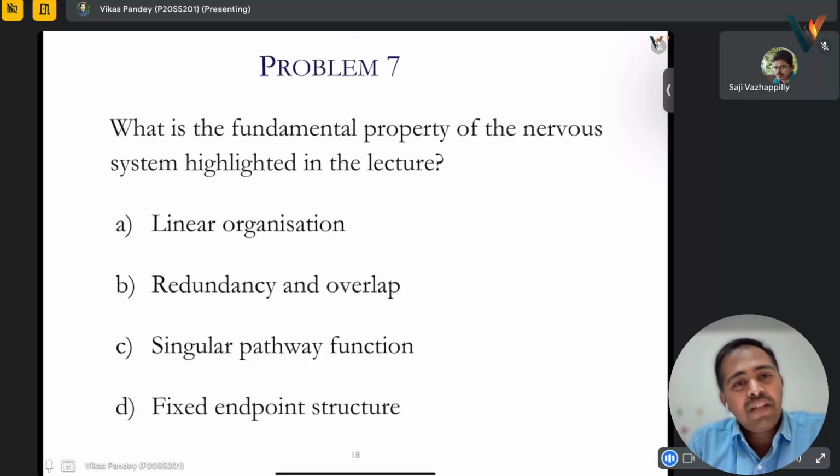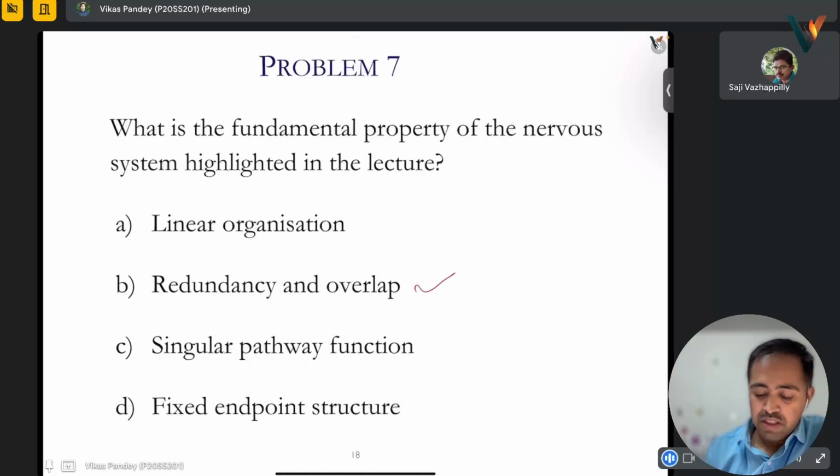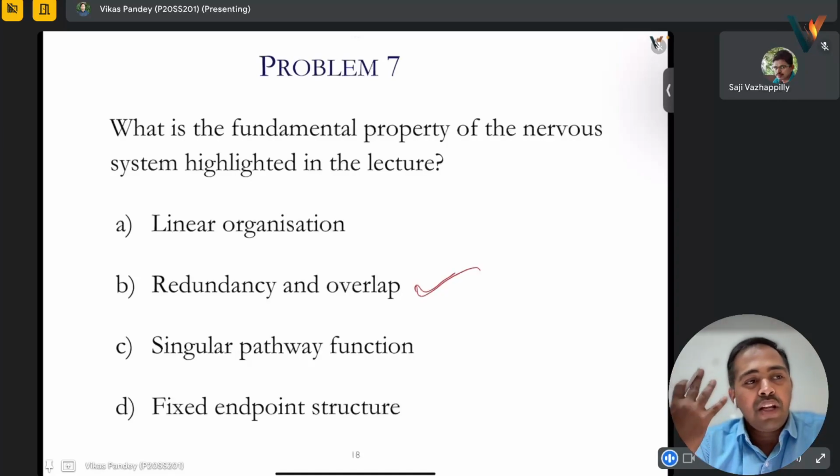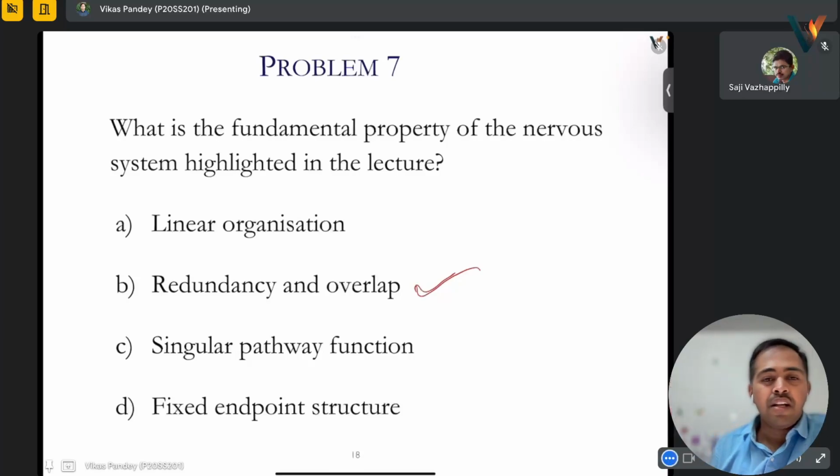What is the fundamental property of nervous system highlighted in the lecture? Is it linear organization, redundancy and overlap, singular pathway function, or fixed endpoint structure? Redundancy and overlap. This is the way that makes our memory and learning quite fascinating, right? In computer systems and memory, we are fighting a lot of removing redundancy.